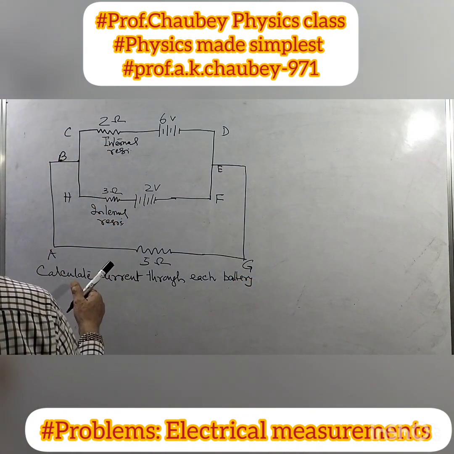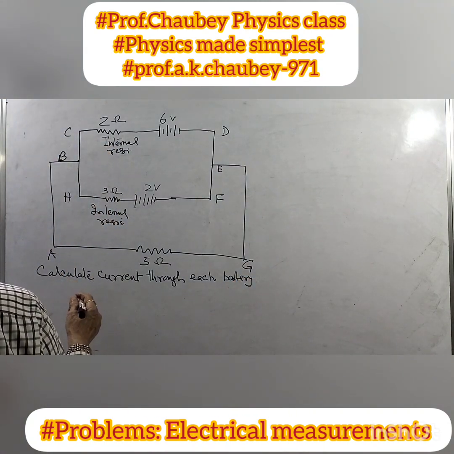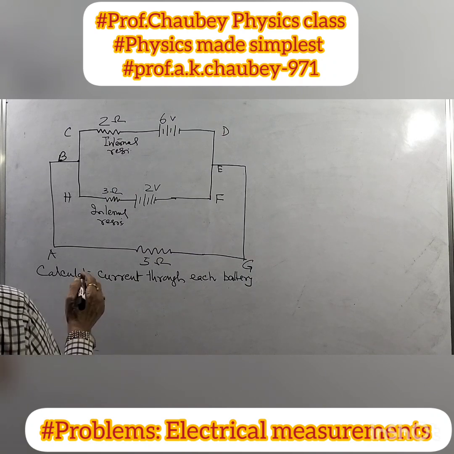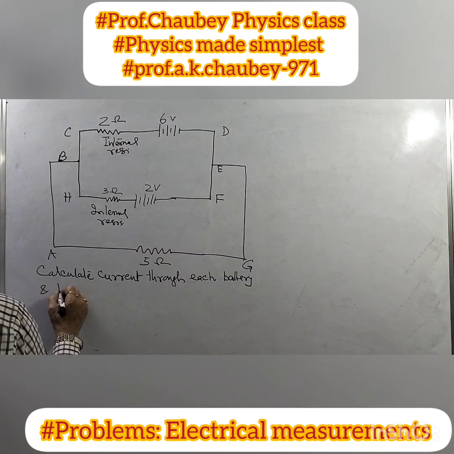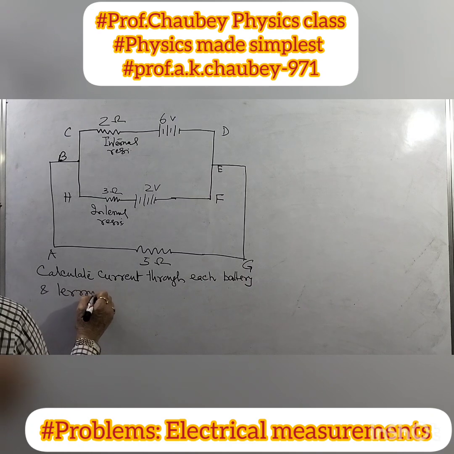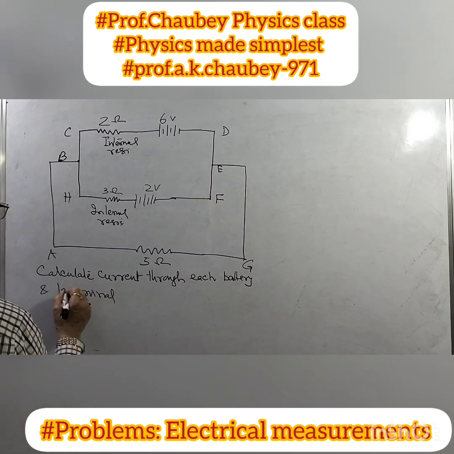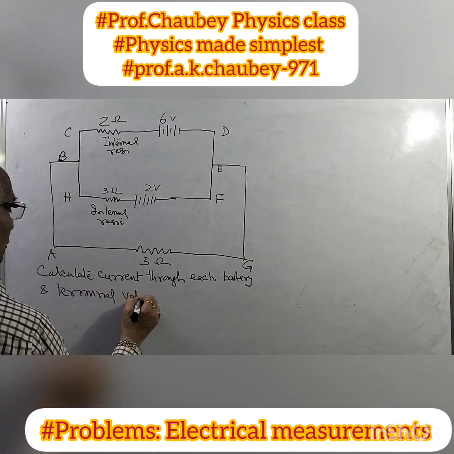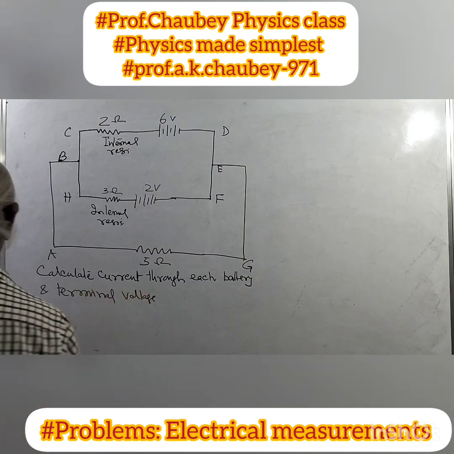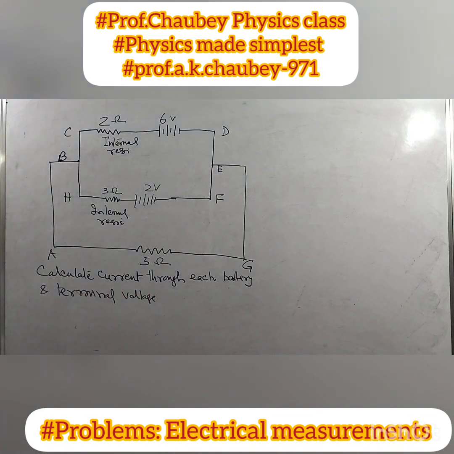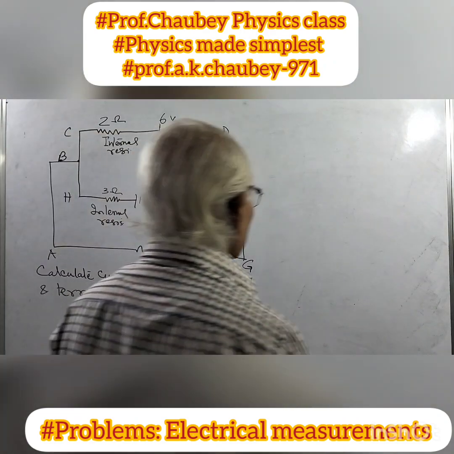What is the current through each battery, and the terminal voltage? Now what do we do? We consider the loops here.